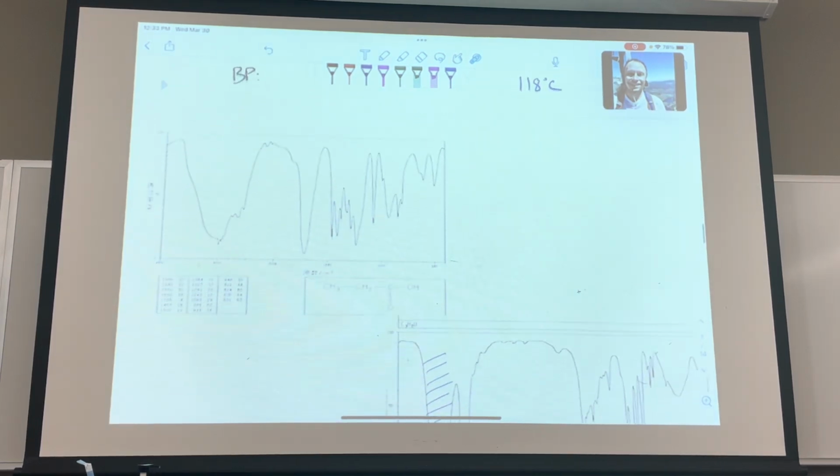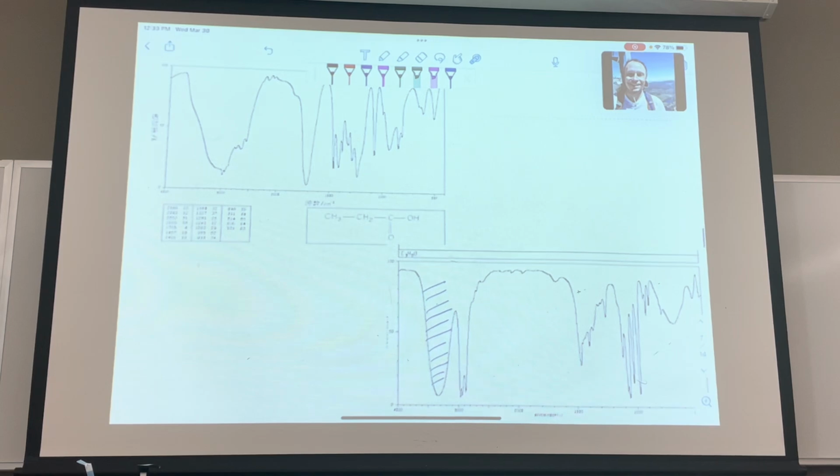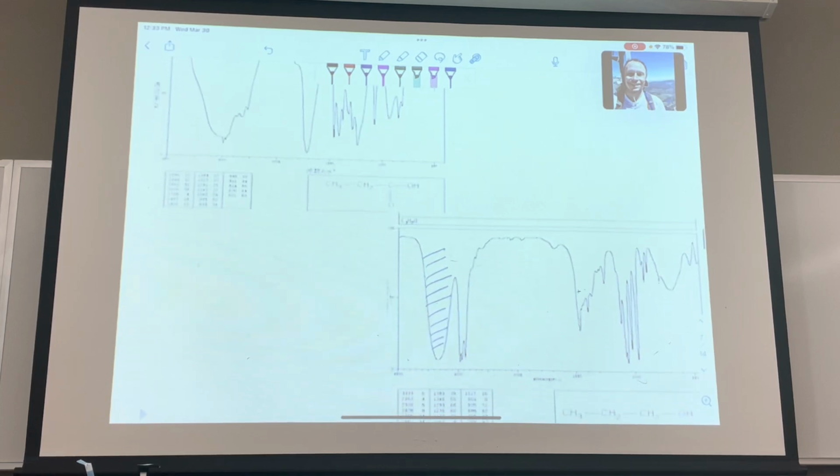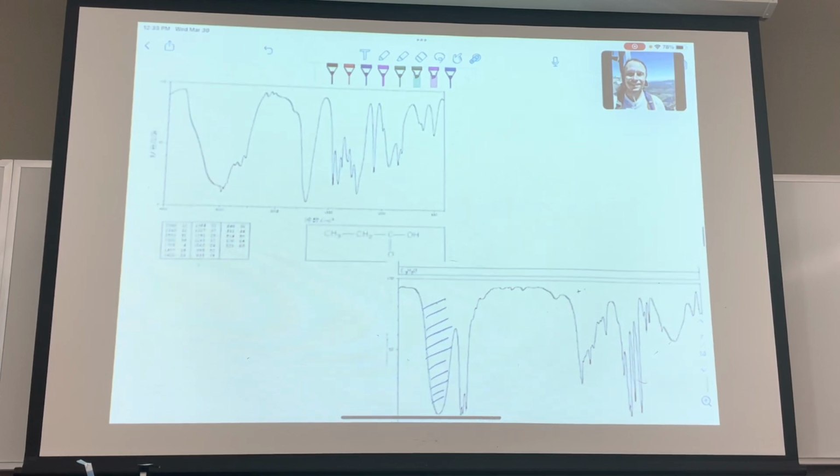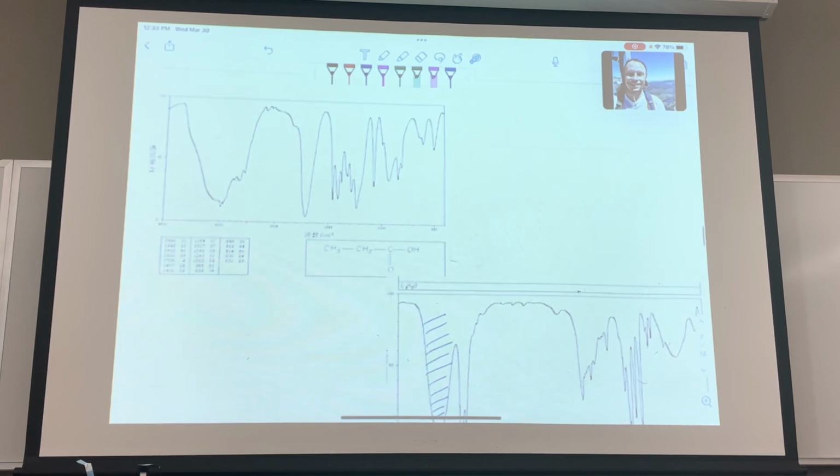I've got two IR spectra here. Notice this one down here at the bottom, this is propanol. And you can see it looks like a typical alcohol, with that strong, broad absorption at about 3,300 wave number. Now compare that to up here, your carboxylic acid. Notice what is happening to the OH absorption.